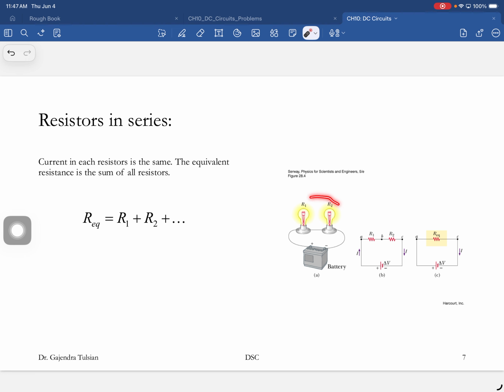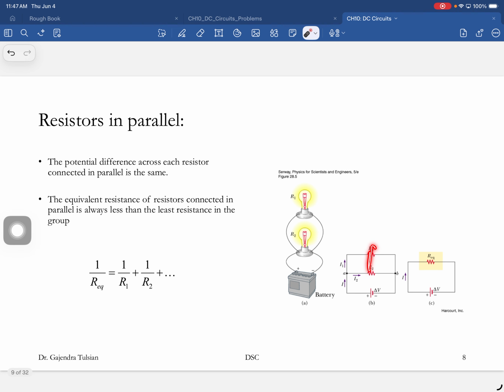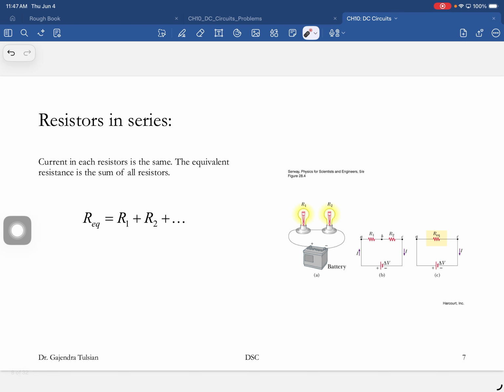Okay, why would you connect everything in parallel in your house? Why connect it like this and not like this? So if something breaks, it doesn't cut the power to everything else. That's right. If something breaks here, there's no power to this guy.